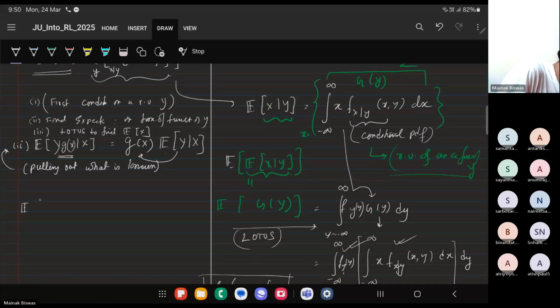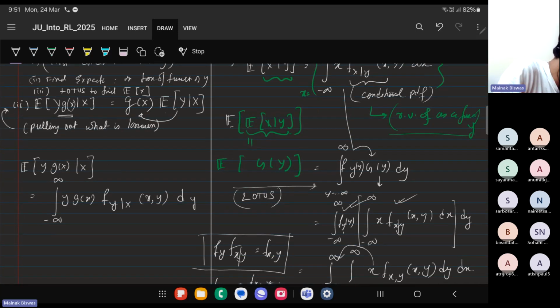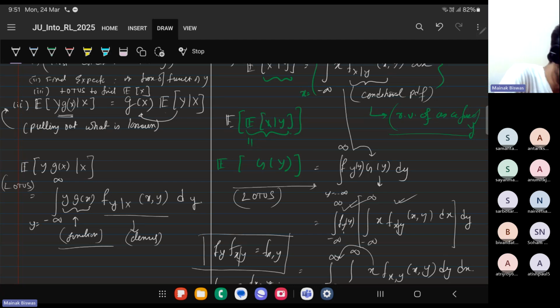So y g of x given x can be written as the integral from minus infinity to infinity of y g of x, f of y given x, dy. This is fine. Again, LOTUS. This is the function, and this is the density. So now, since it is LOTUS, can you tell me what the integral is over? The integral is over y, right? So I can pull out g of x. Yes or no?